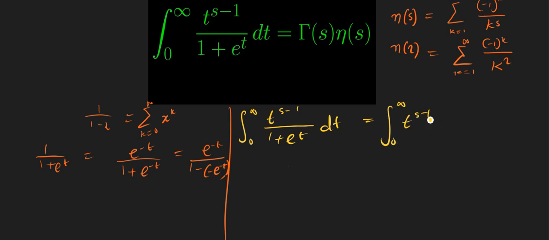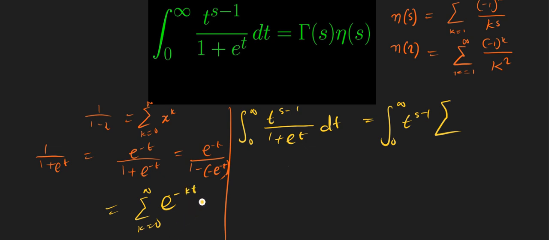You have t to the s minus 1, then you have the sum as k runs from 0 to infinity of negative 1 to the k power, e to the negative kt.